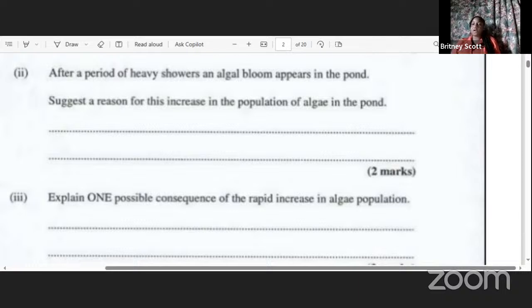Students, what happens to organisms within the water due to the rapid increase of algae production?